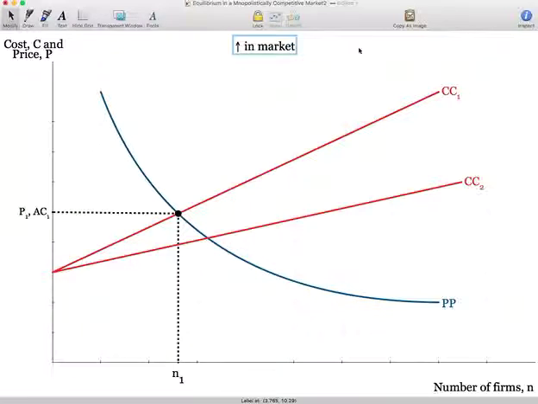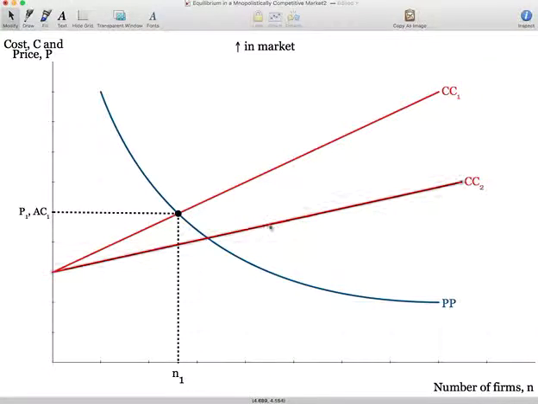Since there's an increase in the market, the amount of sales for each firm in the marketplace is going to increase, their output is going to increase, and we are going to see a decrease in average cost for those firms. So what is going to be the new equilibrium? So number one, make sure that you understand why the CC1 curve shifted downward. The increase in the size of the market increases the number of sales for each of the individual firms. So as their output increases, average total cost decreases.